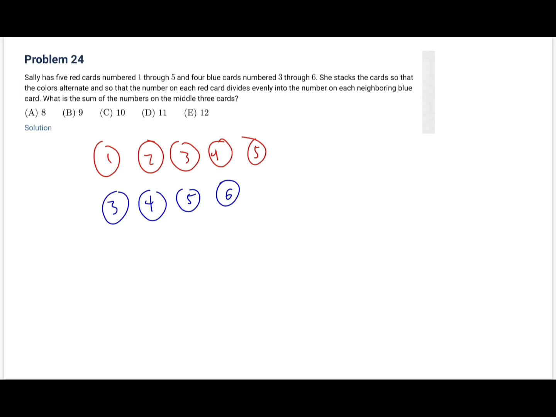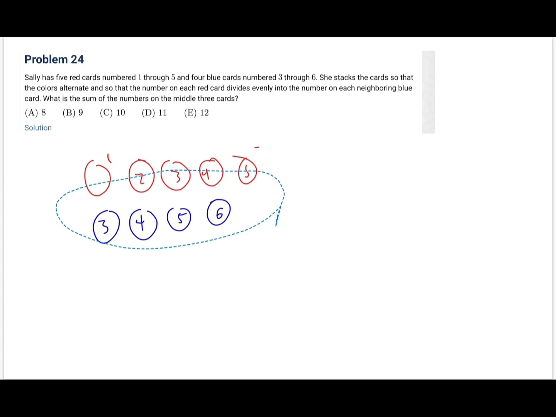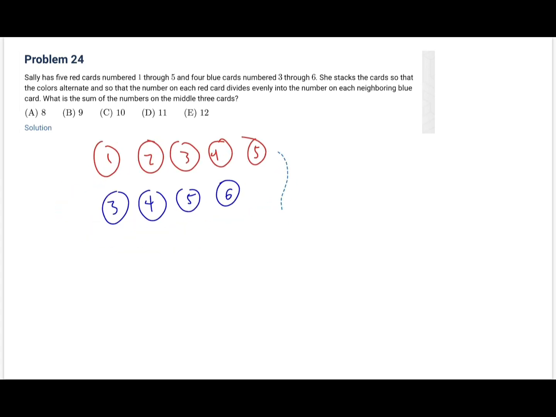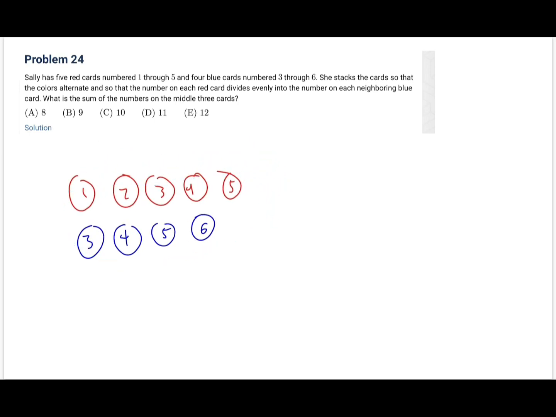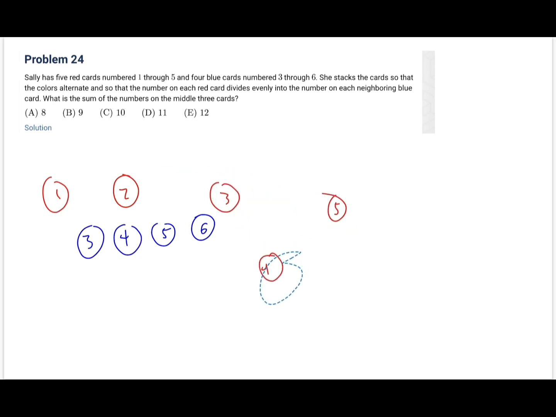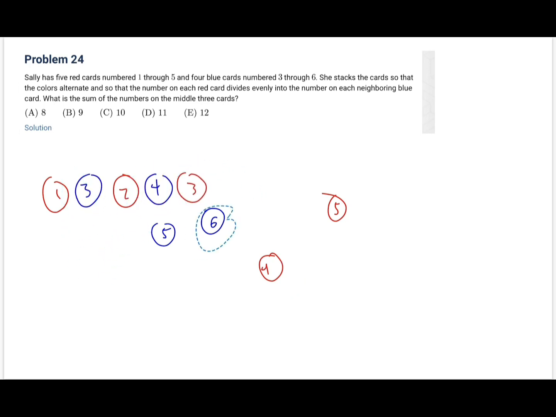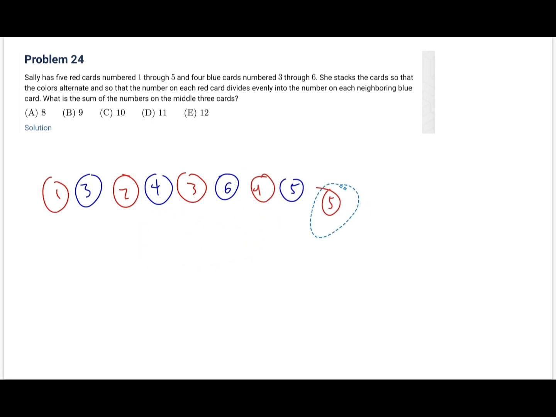Okay, so for this one, let's bring these a little lower. Then we will have to split them. And then these should go into the space between, like this. So this is what they mean by the colors alternating.